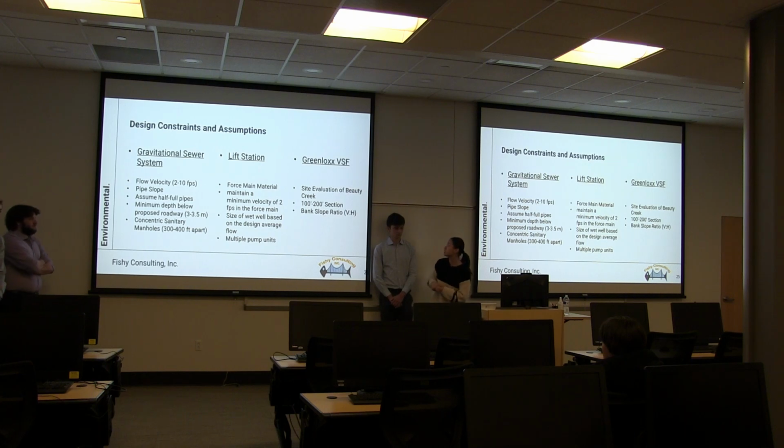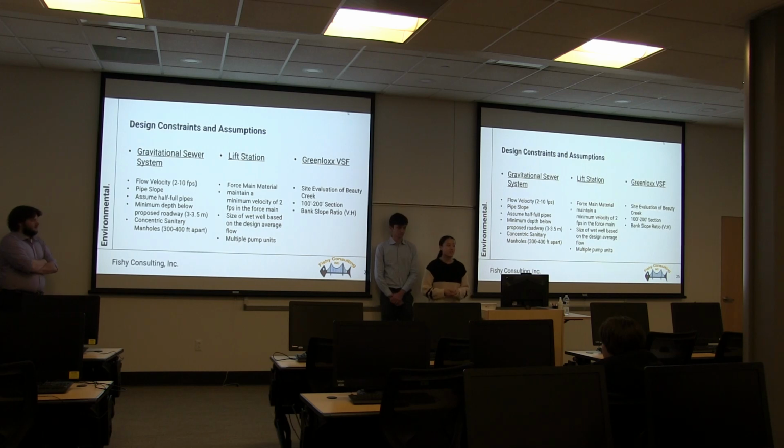Moving on to the green logs vegetative slope facing system. This design will be dependent upon the potential site evaluation of Beauty Creek, and some of this will include gathering data about the hydrology of the area, soil properties, the geometry of the bank, vegetation, and watershed characteristics.